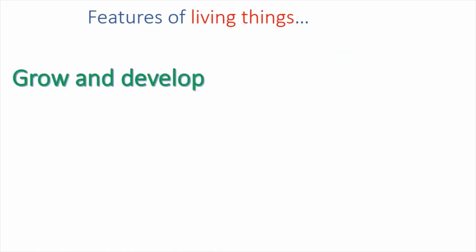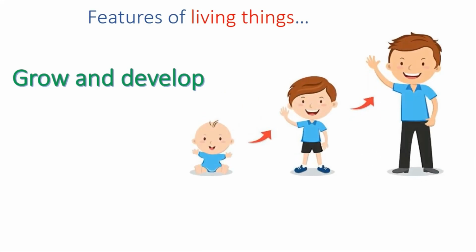Children, before learning the new feature, we are going to observe one picture. Observe the screen carefully, children. What is there? A baby turns into a boy and then turns into a man.